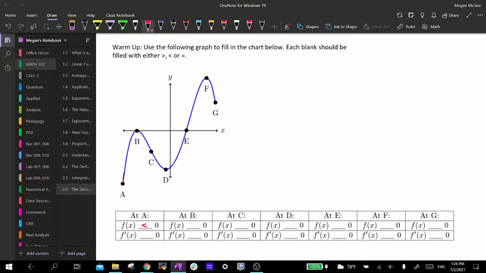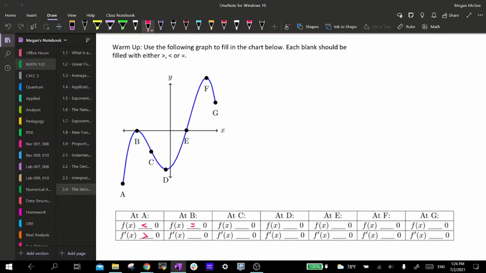So here, our function is increasing, which means we should have a positive derivative value. Alright? So at B, our point is on the x-axis, which means our point is equal to 0.